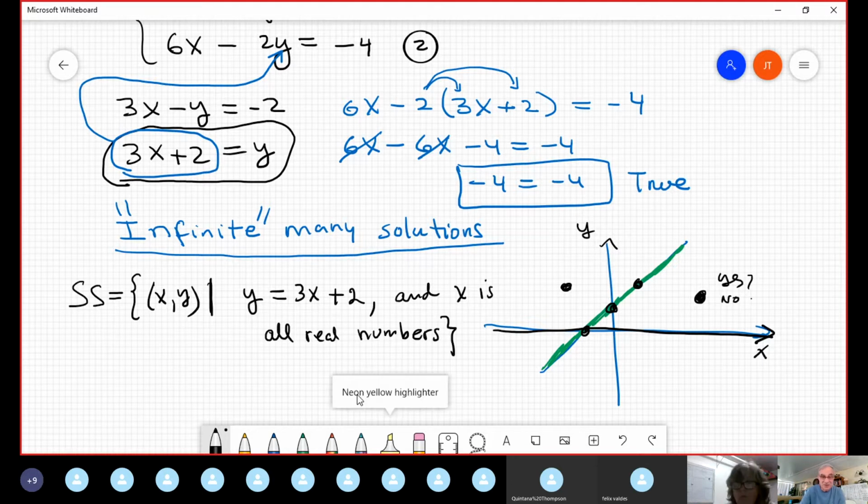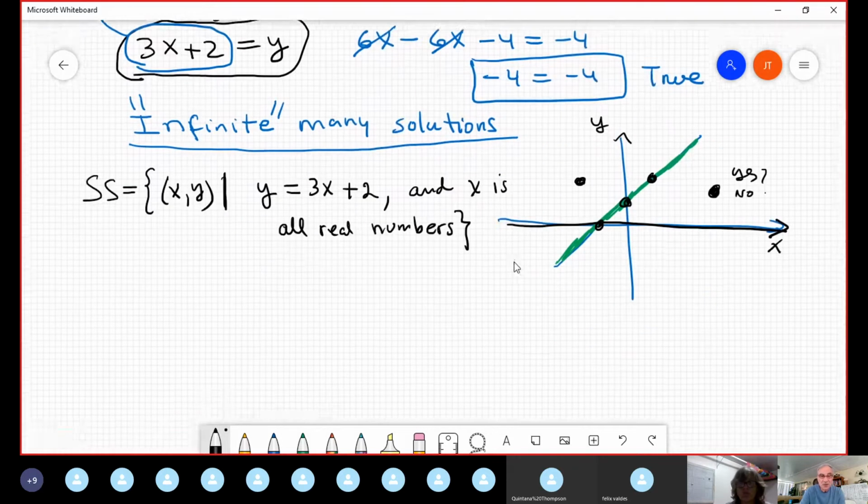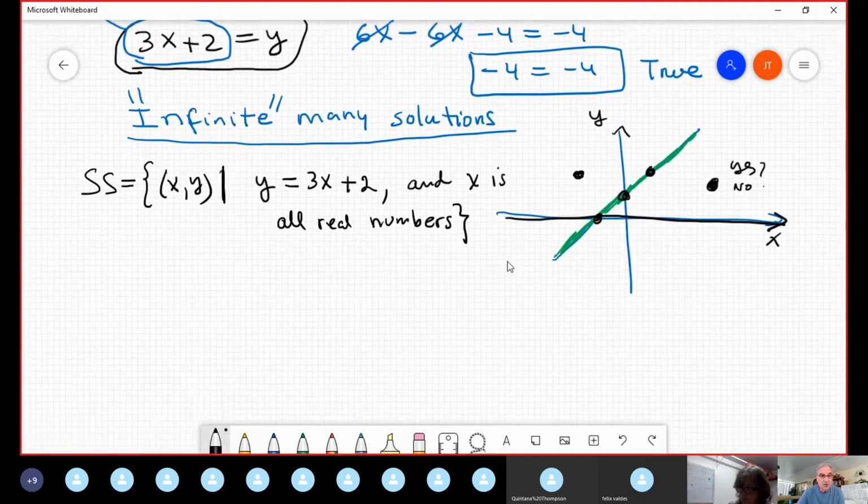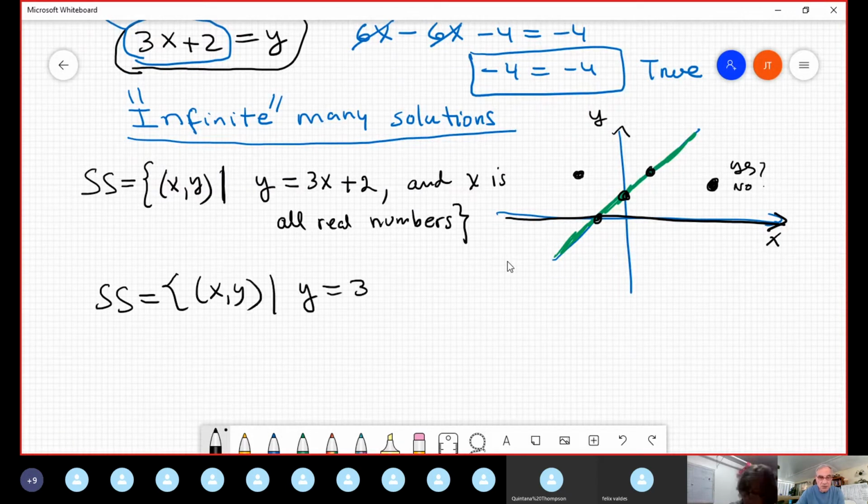Another possibility, another way, a common way that we use throughout the chapter, is x comma y, such that y is equal to 3x plus 2 and x is a free variable. Free means we have no limitation, no restriction.